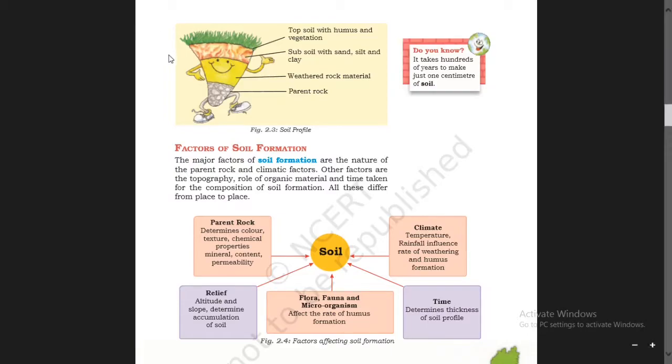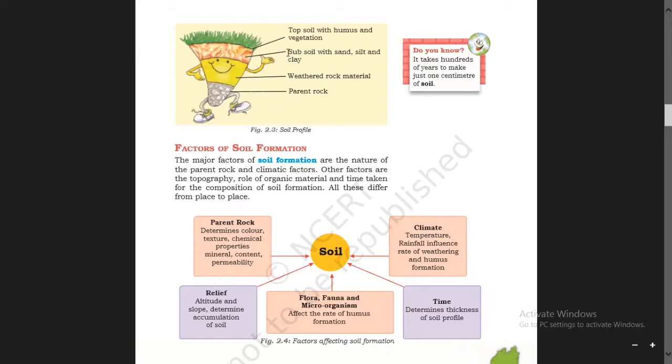Here in page number 11, first of all, have a look at a soil profile. Boys, a soil profile is a vertical section of soil. Here in this picture you can see the different layers of soil. Topsoil with humus and vegetation on which we used to grow crops and grasses used to grow.